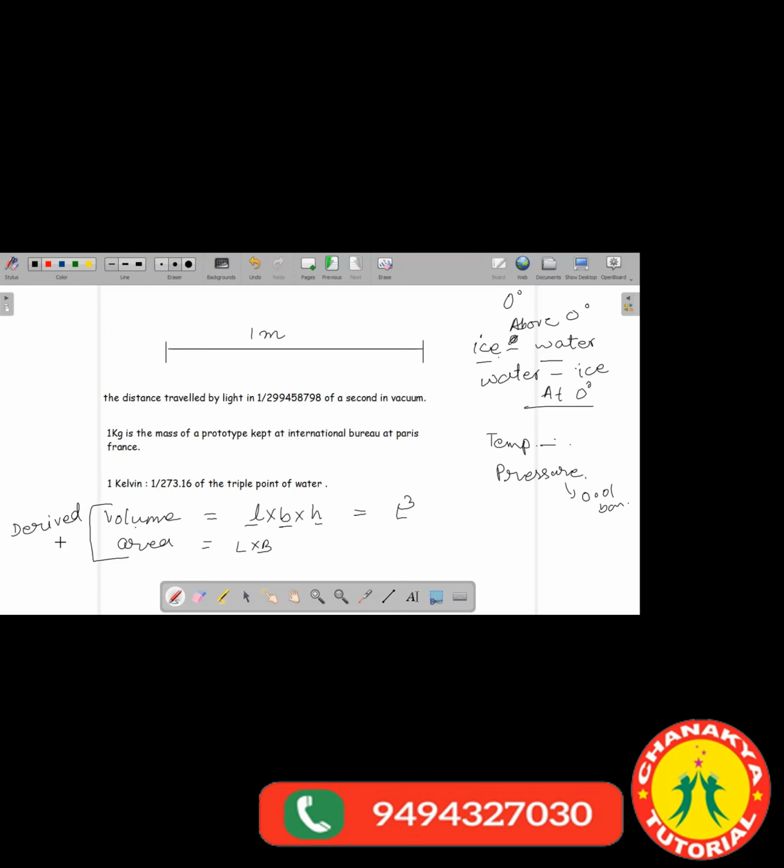The quantities which can be obtained from other physical quantities are called derived physical quantities. The quantities which cannot be defined in any other terms are the fundamental quantities. So these are derived physical quantities. Definition again: for derived physical quantities, the quantities which can be expressed in terms of fundamental quantities.